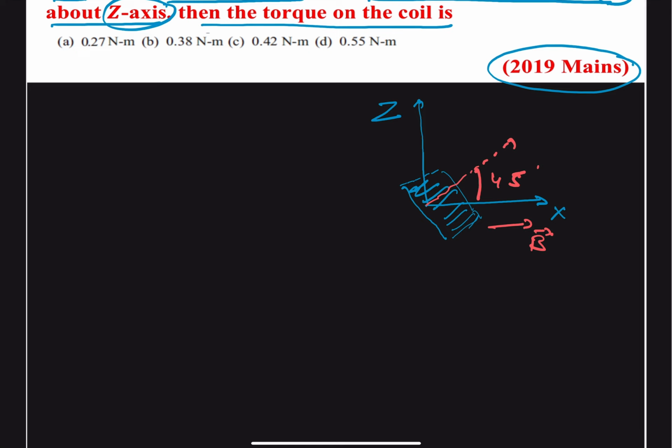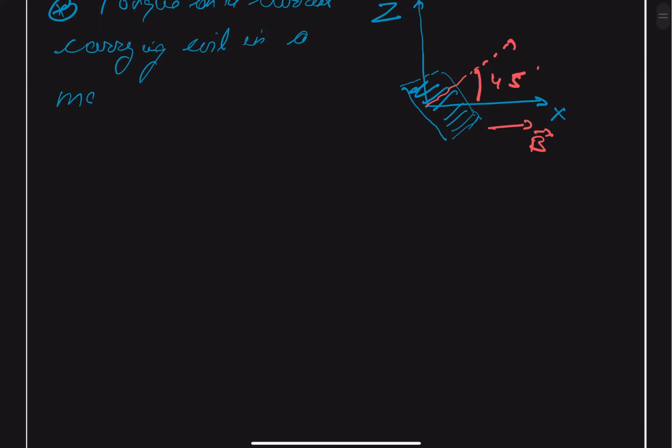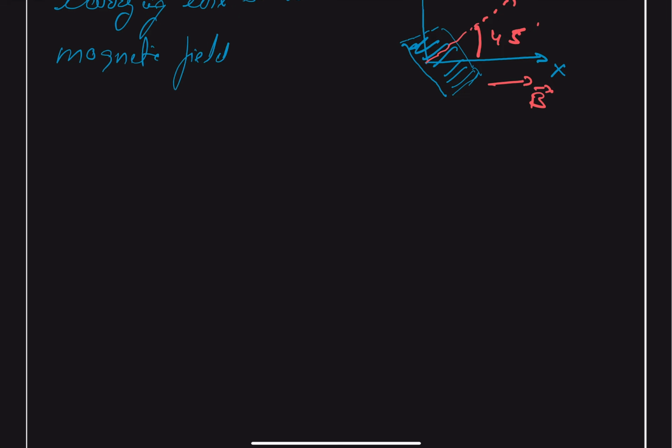So you can say the torque on a current carrying coil in a magnetic field is tau is equal to NIAB sine of theta.